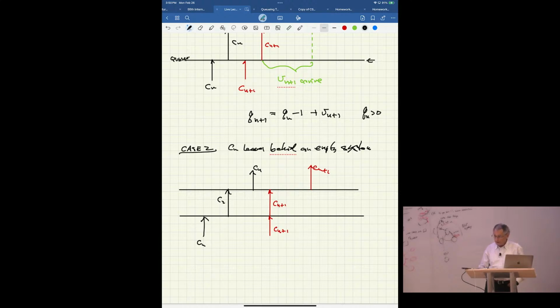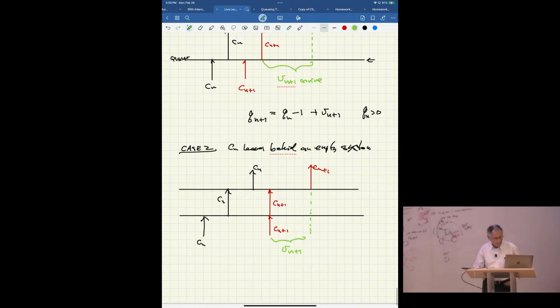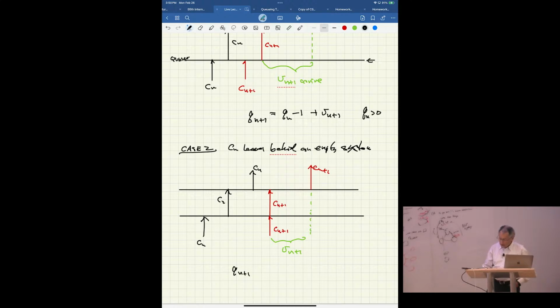Tough class up there. Okay. The number that arrive in this interval here is Vn plus 1 again. So in this case, Qn plus 1, the number left behind by Cn plus 1, given that Cn left behind nobody, is equal to what?